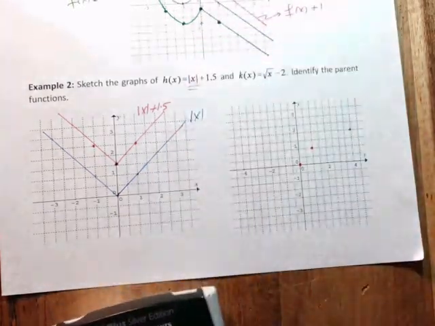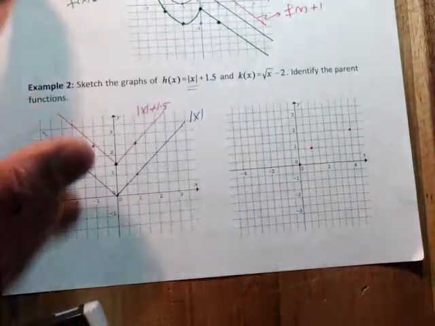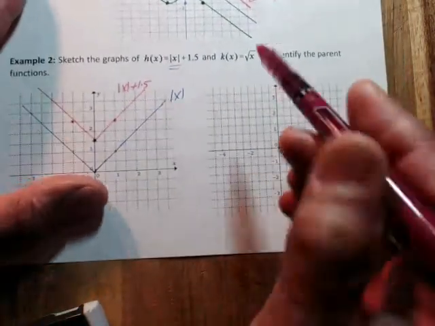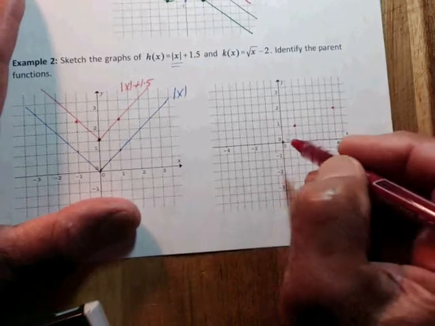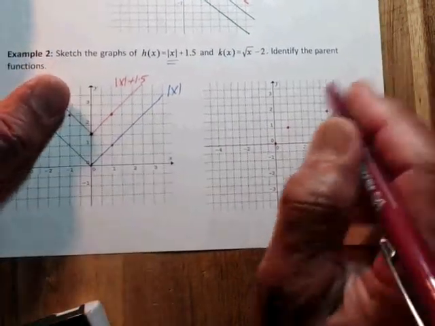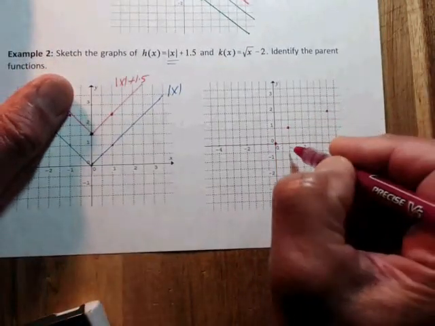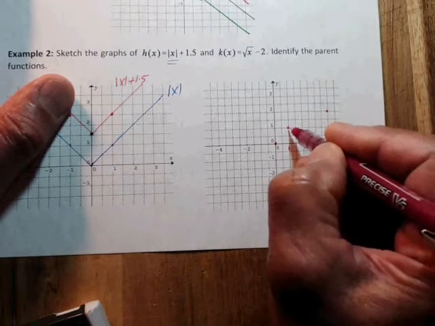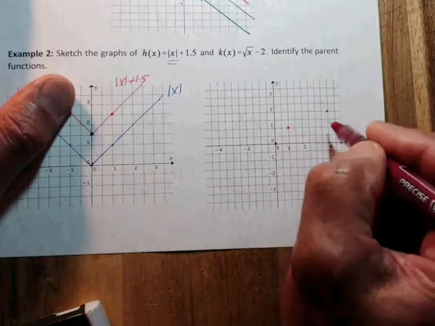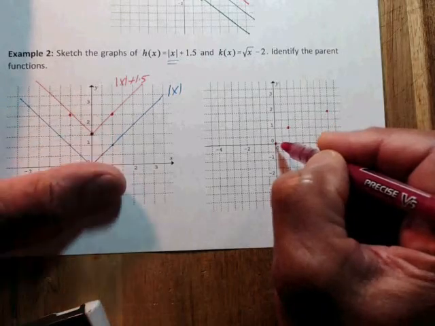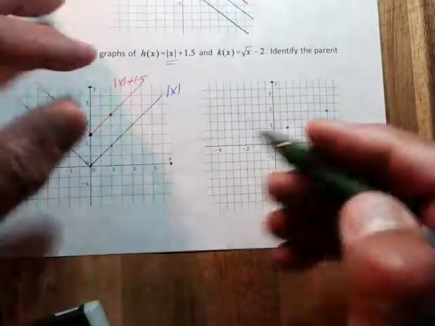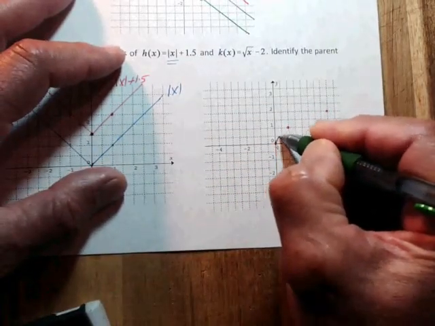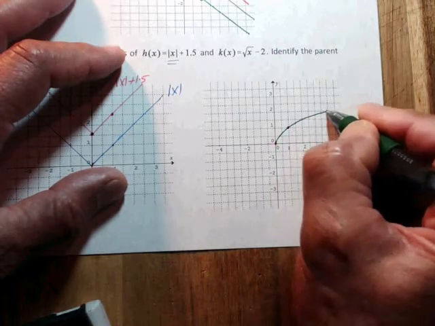Okay. Let's do the same thing with the square root function. The square root function, as I said, we discussed in the previous section, goes through 0, 0, through 1, 1, and through 4, 2. So the graph actually looks like this.